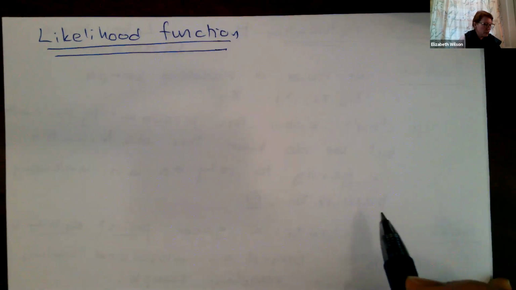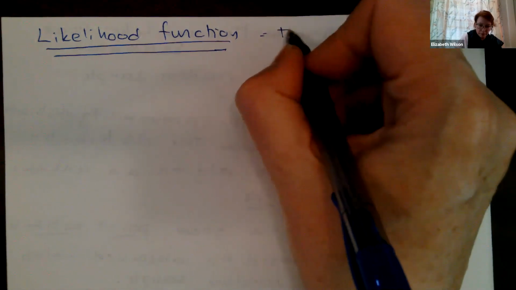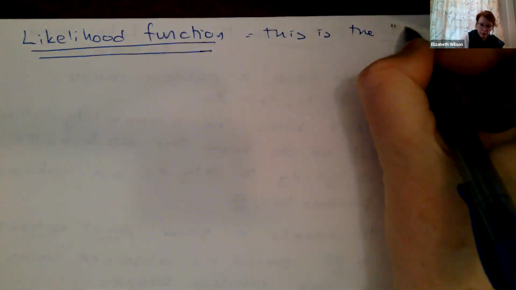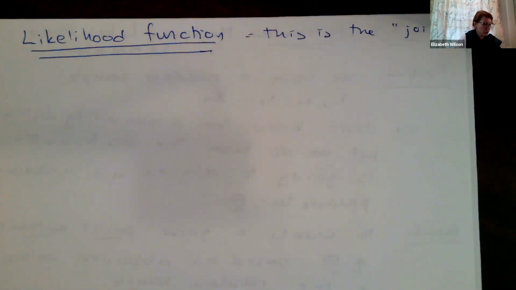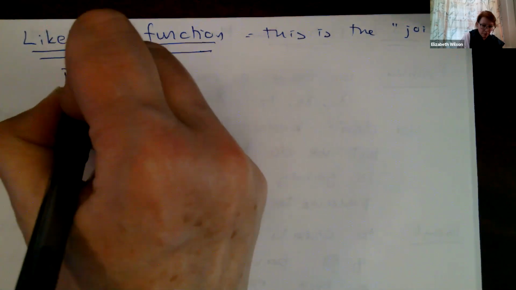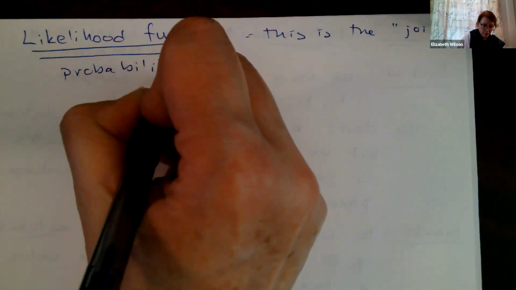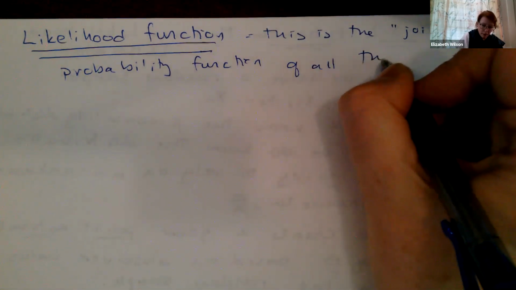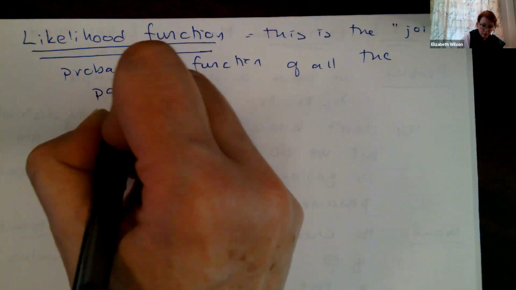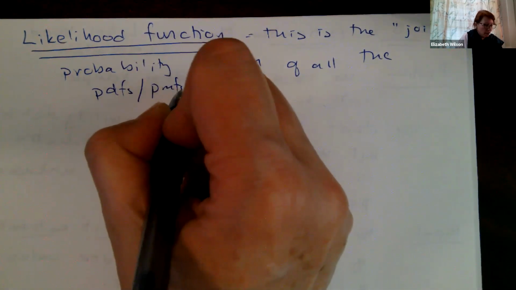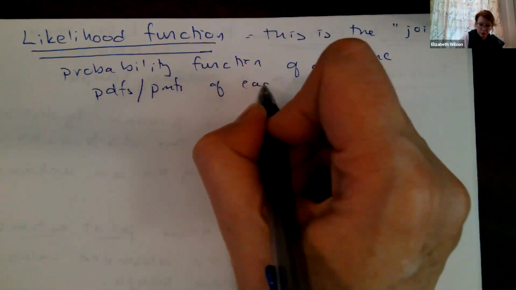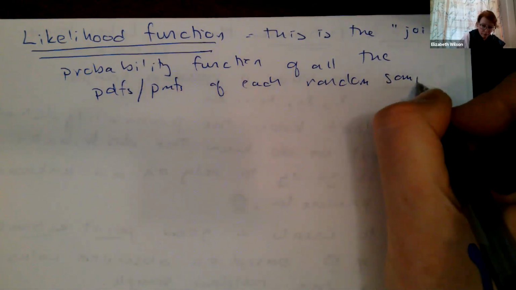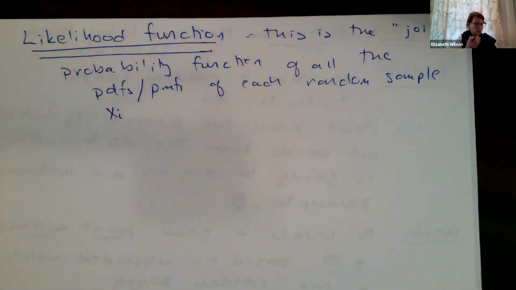And a likelihood function, I'm going to put joint in parentheses again, because it's not really joint, is the joint probability function of all the PDFs or PMFs, depending, of each random sample x sub i. We'll do some examples so you can see what we're talking about here.